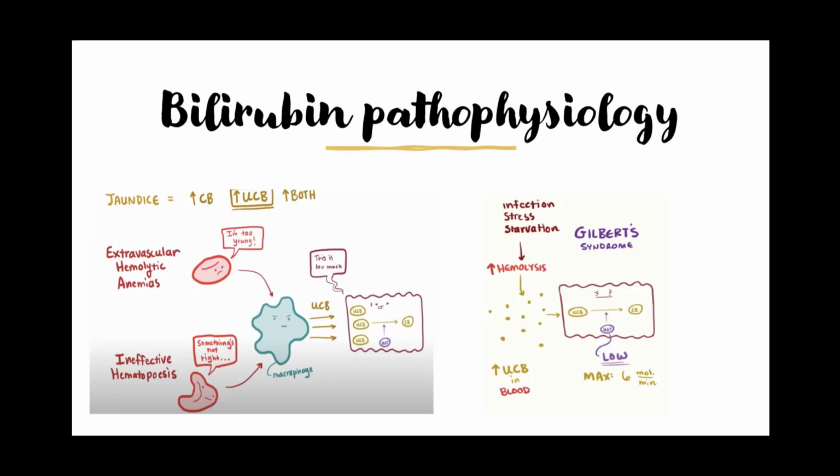But sometimes we have some genetic disorders, such as Gilbert disease, which usually occurs in young patients who have a family history of someone with elevated indirect bilirubin, and he will have hyperbilirubinemia, especially if he has any stress like infection, starvation, fasting, sometimes excessive exercise.